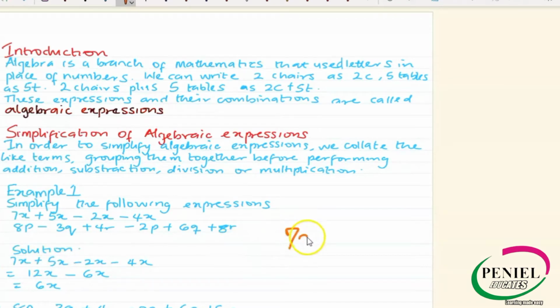So we just do 7x plus 5x. Then we have minus 2x, minus 4x, they are negative terms. So once you add it together, this one will give you 12x, and this one will give you a minus 6x. So your answer will be 6x.